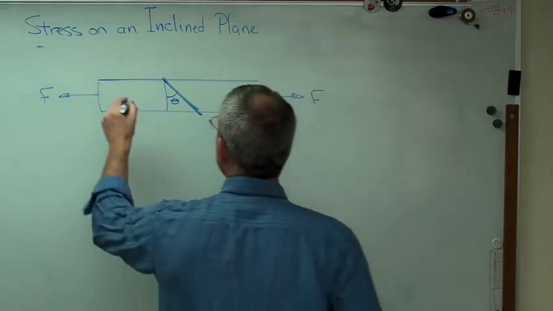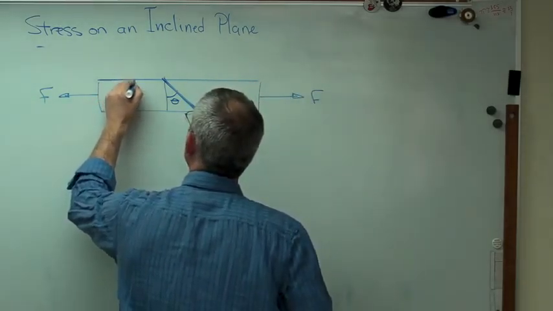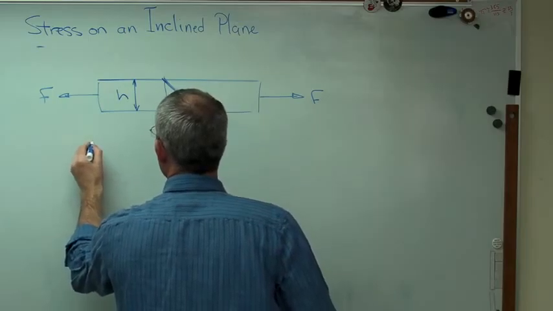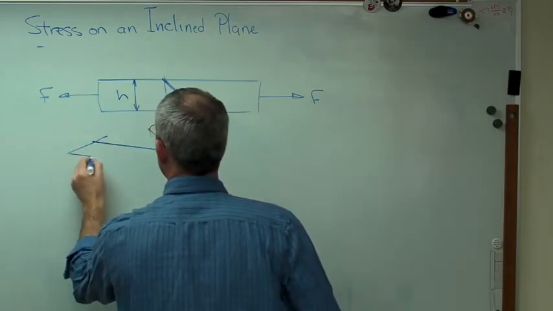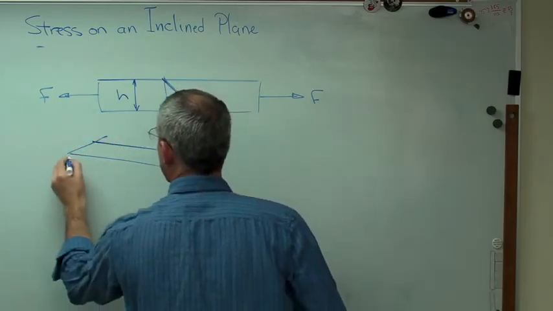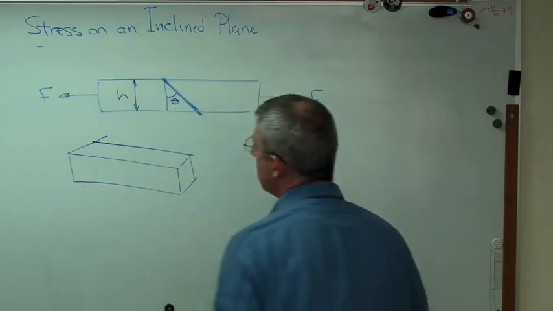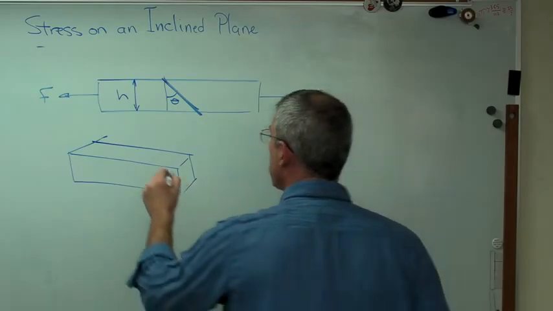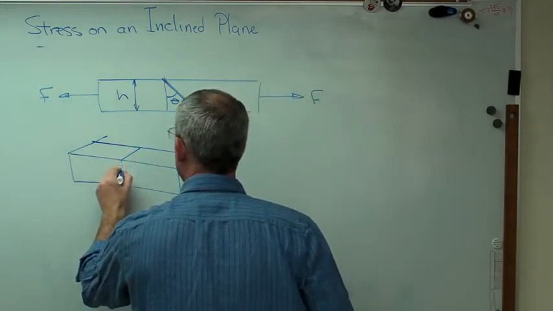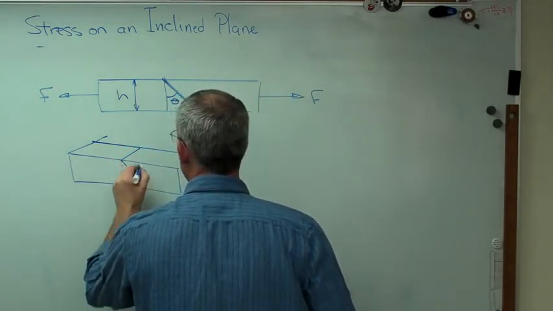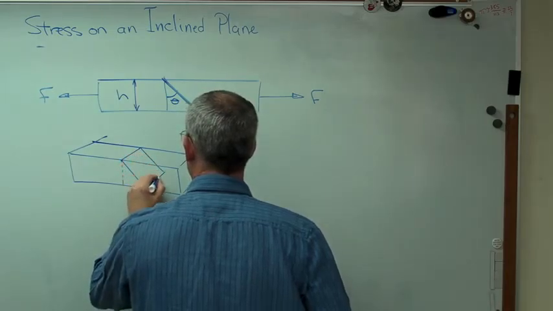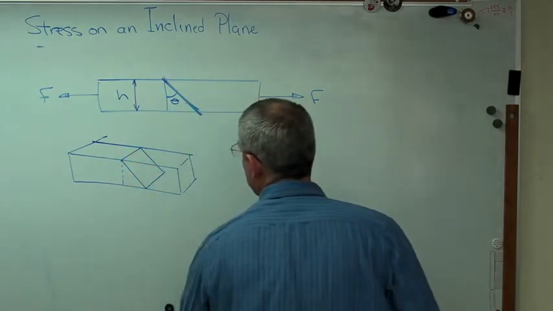So let's say that this is H right there. And actually, let me take a stab at drawing a 3D version of this. That doesn't look too bad. So there's my piece of material with the forces acting on it. There's that, and there's the vertical. But let's say I cut it right there.